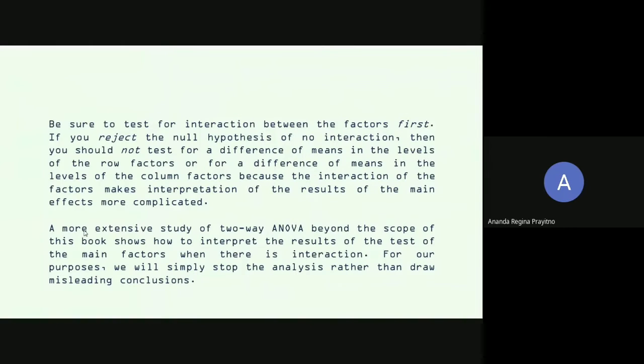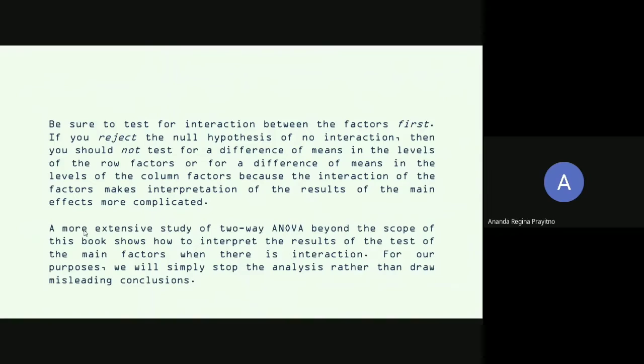Be sure to test for interaction between the factors first. If you reject the null hypothesis of no interaction, then you should not test for a difference of means in the levels of the row factors or for a difference of means in the levels of the column factors, because the interaction of the factors makes interpretation of the results of the main effects more complicated.